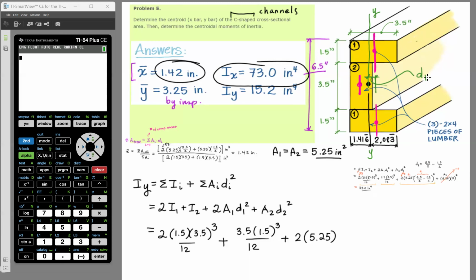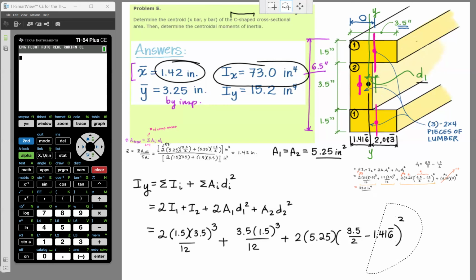I think what I'm going to do, take this distance from here to here. That is equal to half of 3.5. And then if I subtract out this distance, 1.416 bar, that will give me this little distance, d sub 1. Don't forget to square it.